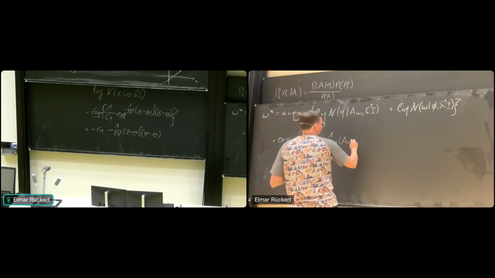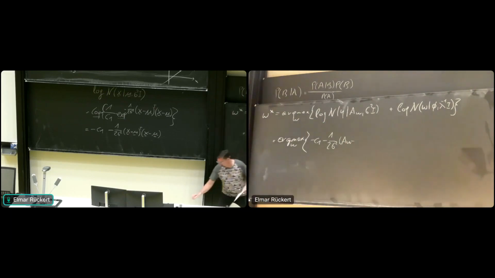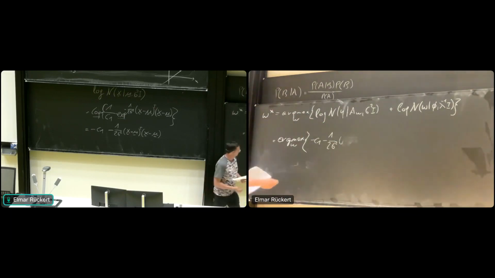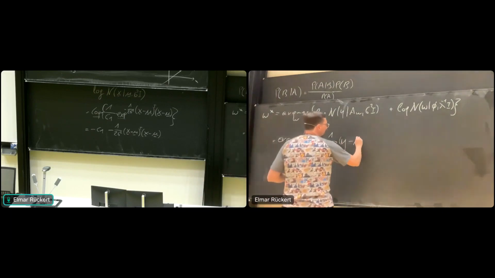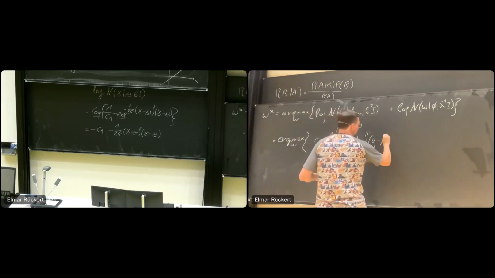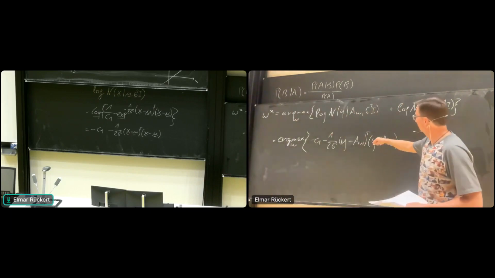Then we had A times W. No, it's Y minus A times W, to be precise here. Transpose Y minus AW. This is the first part.